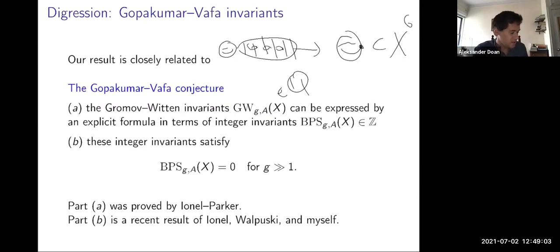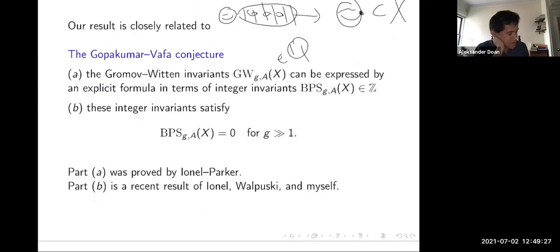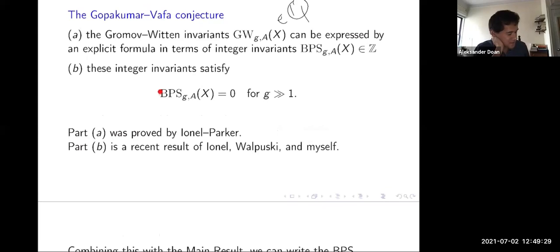And part A of this conjecture was proved by Ionel and Parker. And this finiteness part was proved recently by Eleni Ionel, Thomas Walpuski, and myself. I will not say anything about the proof because Eleni talked about this a while ago. And so I want to focus on something else. Let me just say that it's not only that these BPS invariants vanish for high genus.